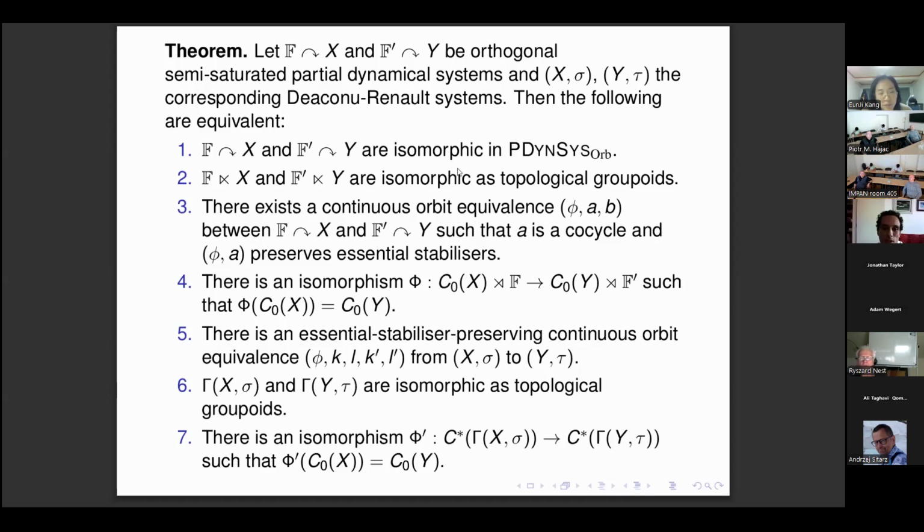Well, if you have the isomorphism between these two cross products, it follows from K1 that the number of generators is the same. No.